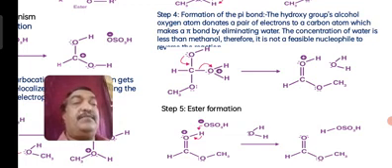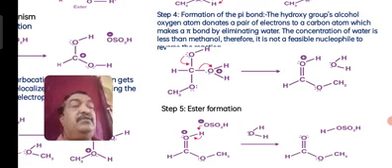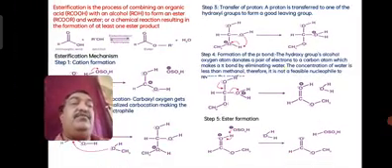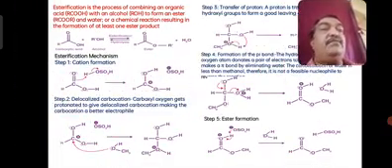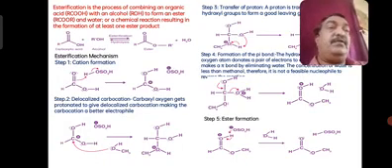In the last step, the proton on the oxygen carrying the plus charge is taken by SO3OH minus, regenerating H2SO4, and the ester HCOOCH3 is formed. Like this the esterification is carried out, and this is a very simple five-step mechanism I have given. So this is one way.